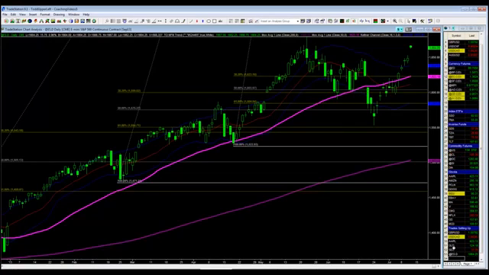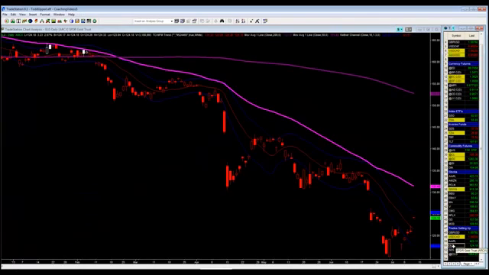Let's take a look at a couple others here. Gold. Gold was on my watch list, and that's up about $3 or $4 since I called that. Unfortunately, I did not get any type of price pattern. Since I did not get a price pattern, what I did do a couple days ago was sell puts. I sold the GLD puts at 118, which expire this Friday.